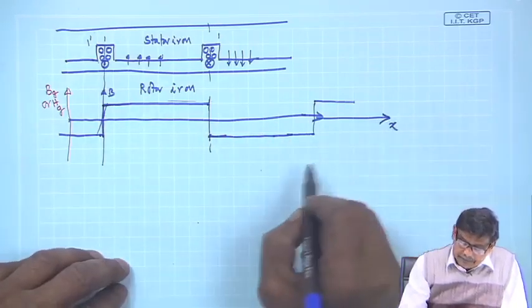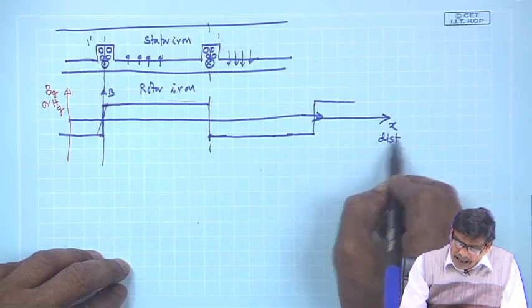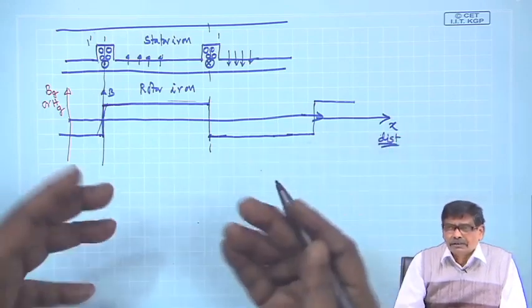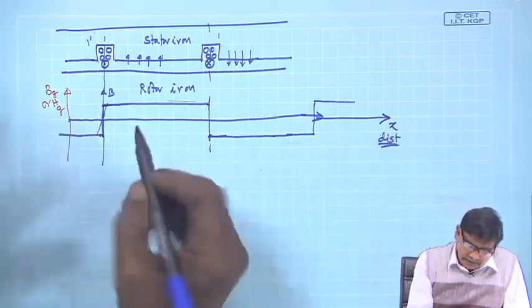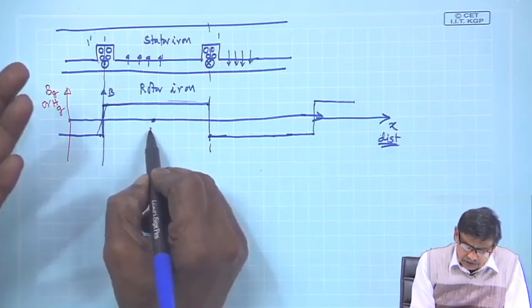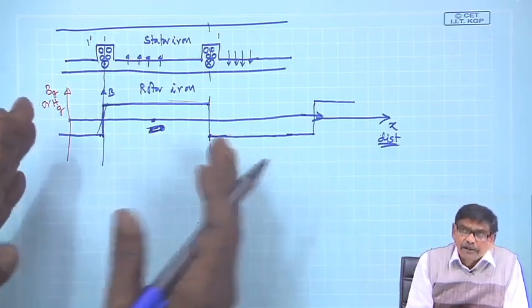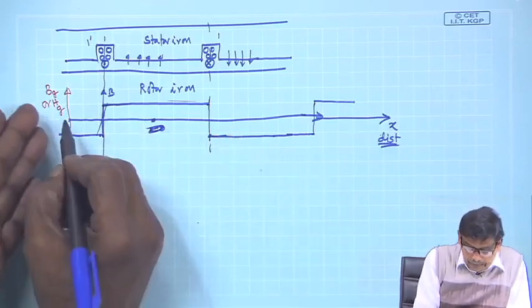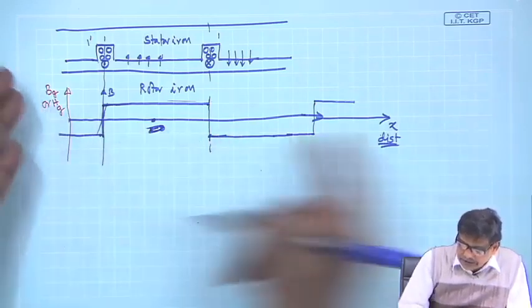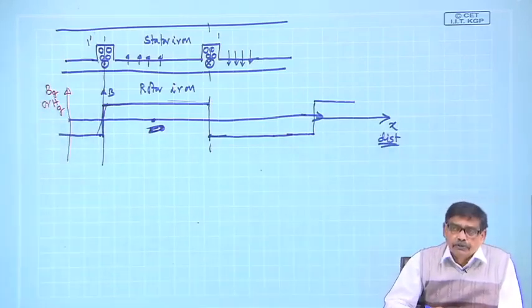This is the x distance, and where x equals 0 is your or my business. You can set x equal to 0 here. One has to of course fix where x equals 0 is, then he knows everything about this waveform.